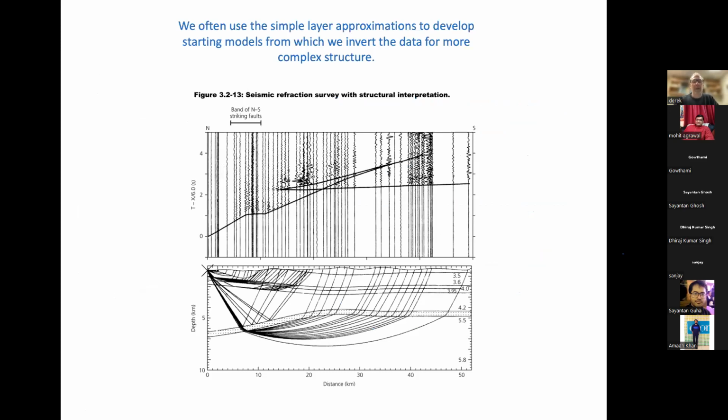Typically, we will also use refractions that are not just head waves when we do academic seismology, and try to use a simple layer approximation as a starting model to invert for more accurate velocity variations.